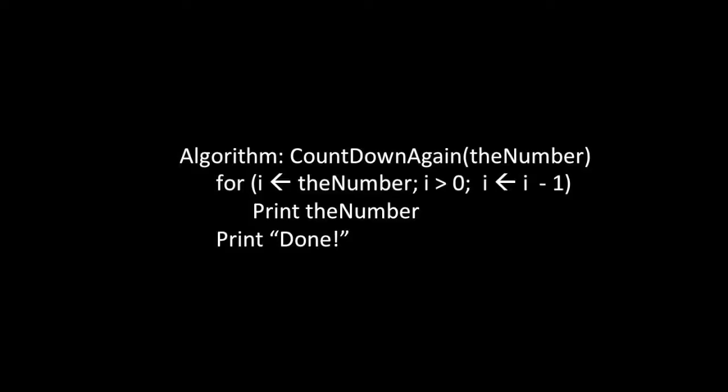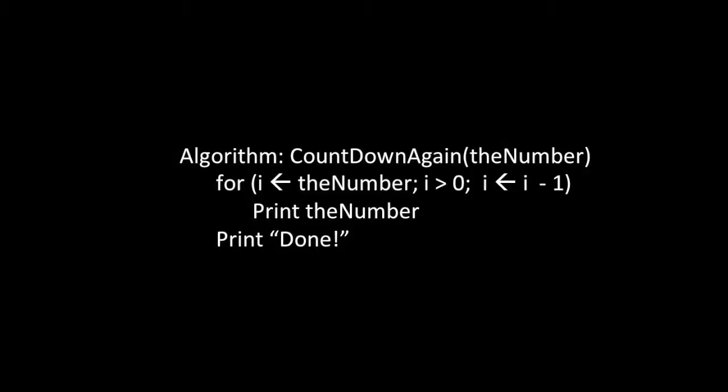And in general, computer scientists represent integers with variables that have the names i, j, k, and so forth through roughly n. The loop condition will be that i is greater than 0, and our increment will in fact be a decrement. Every time we execute the loop, we'll decrease the value of i by 1.